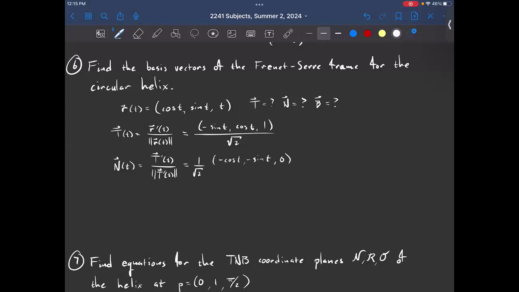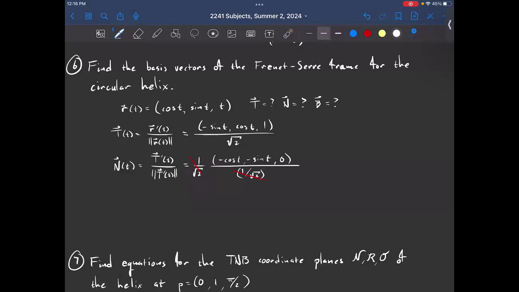And then I need the norm of this. So the norm of that 1 over root 2 is just going to be 1 over root 2. Norm here is going to be square root of 1. So I need to divide by 1 over square root of 2, which means that these just cancel.